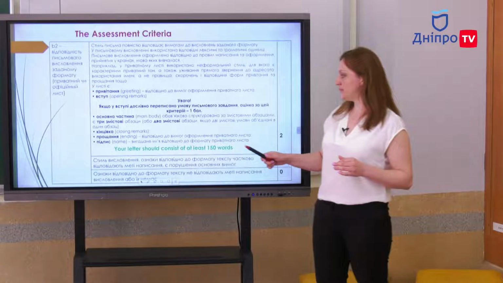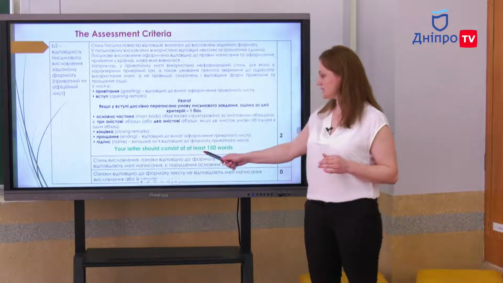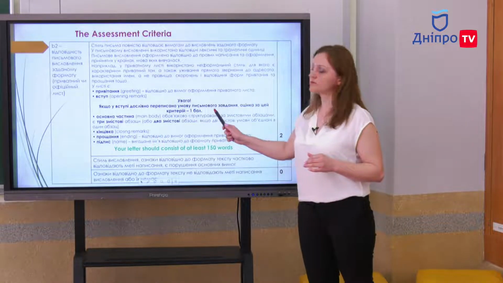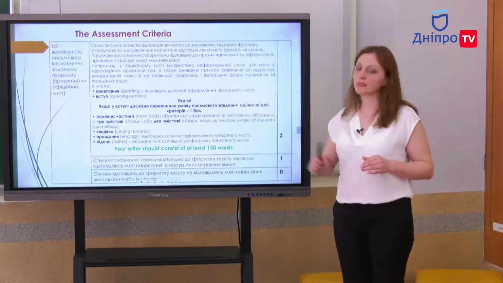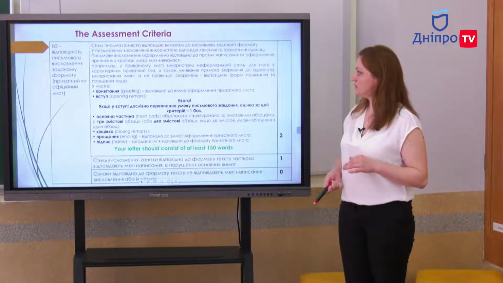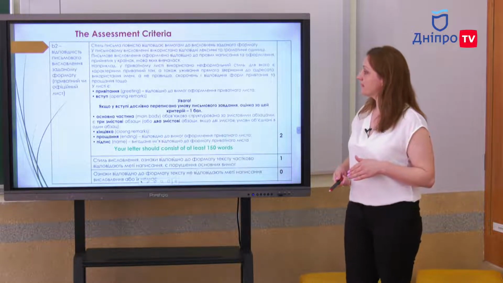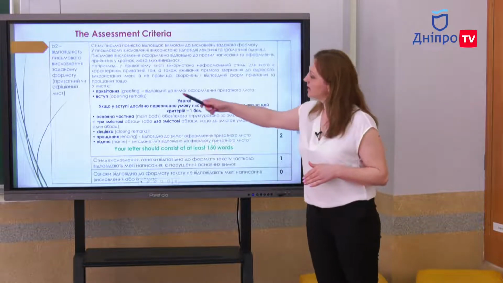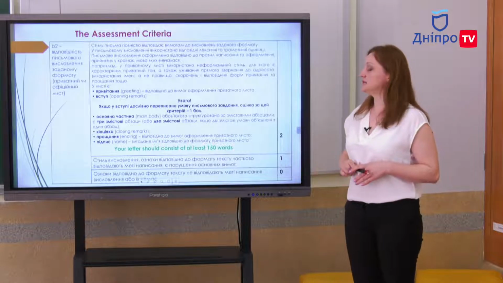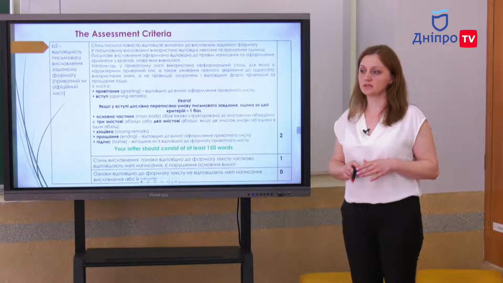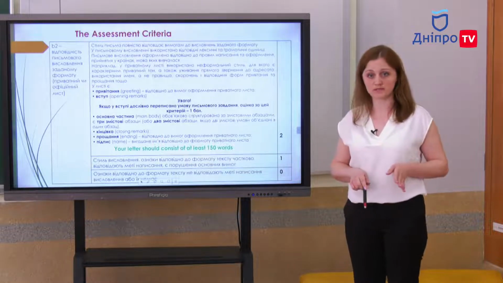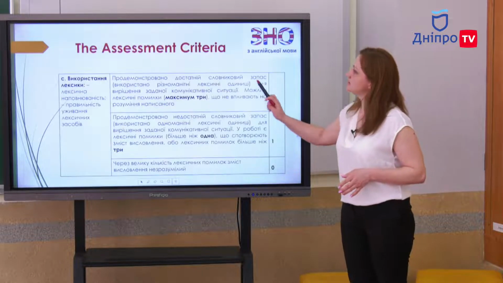And be attentive, your letter should consist of at least 150 words, and pay attention to this sentence, we already mentioned it earlier. So if your letter doesn't have all paragraphs or doesn't have some of these parts, then you will get 1. And if it is written in not the appropriate style or doesn't have paragraphs at all, it will be 0.